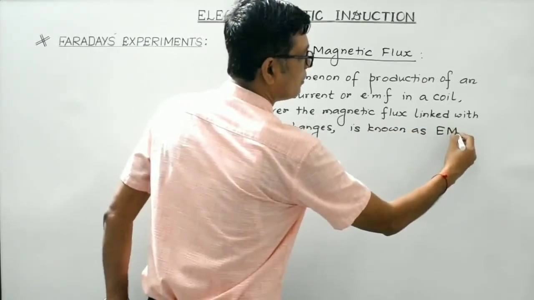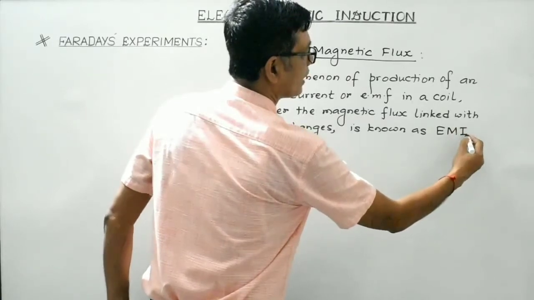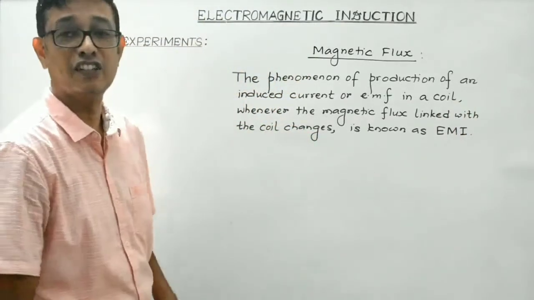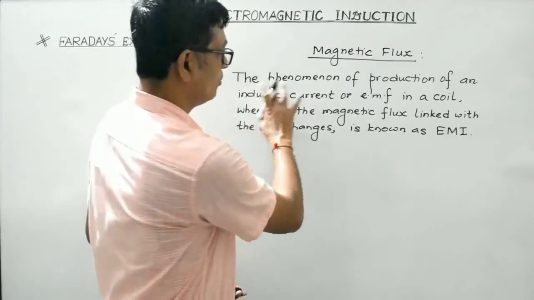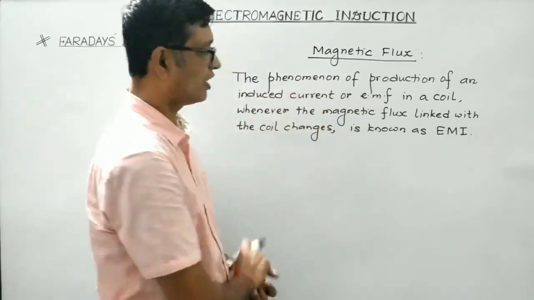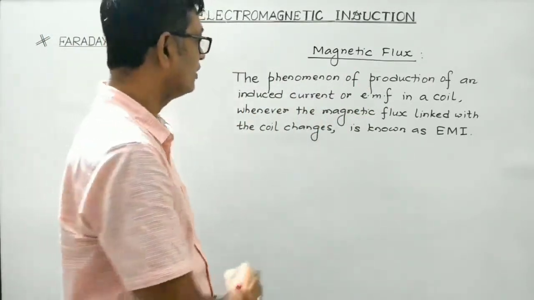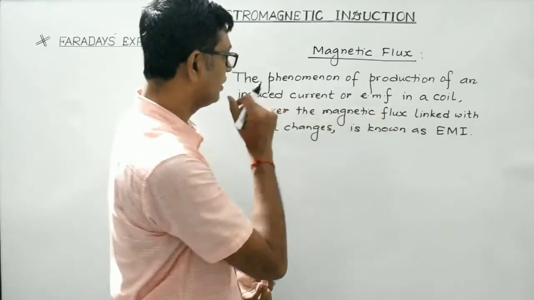EMF stands for electromotive force. I will represent it by EMI, electromagnetic induction. Clear, students? So the phenomenon of production of an induced current or an induced EMF in a coil whenever there is a change in the magnetic flux linked with the coil.